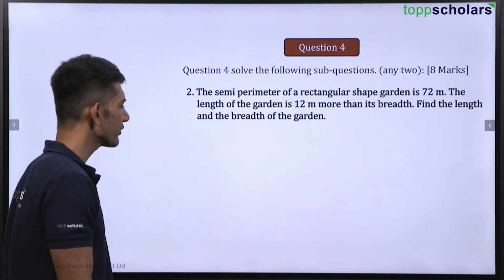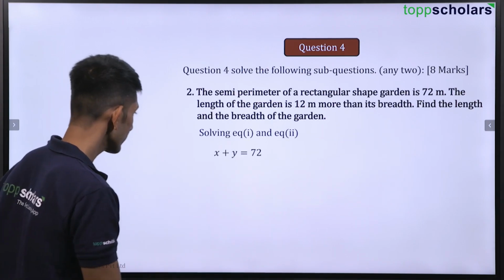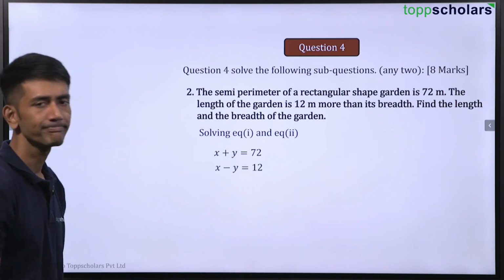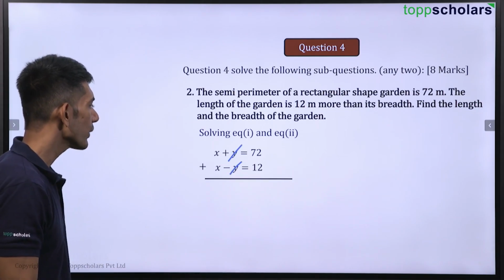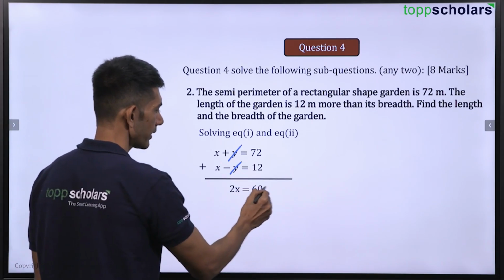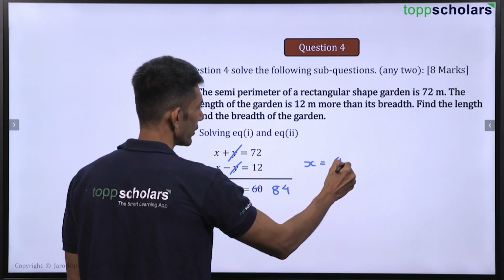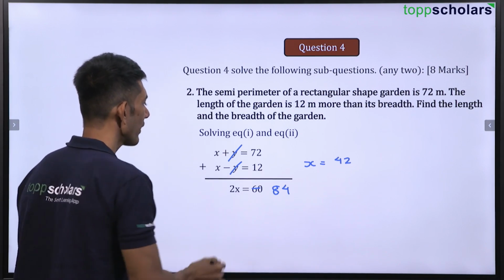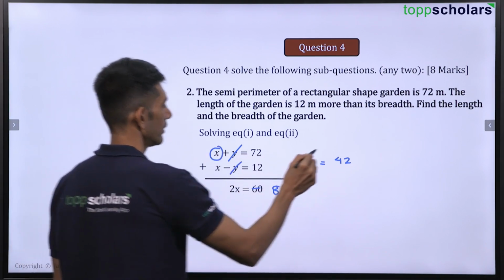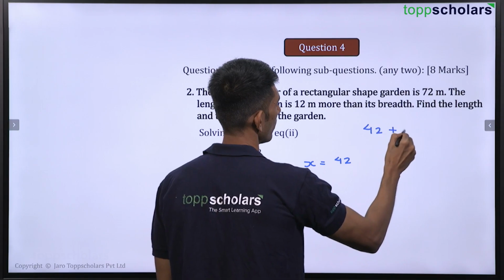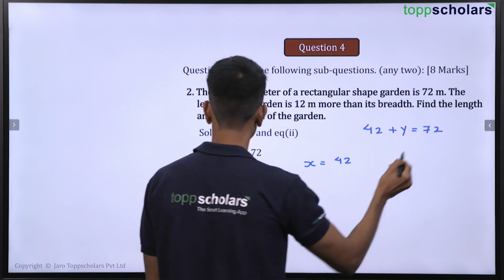Or you can say x minus y is equal to 12. So x plus y is 72. You solve this further and then you get 2x is equal to 84, correct? So the value of x will be equal to 42. And once you put the value of x over here, that is 42 plus y is equal to 72, correct?